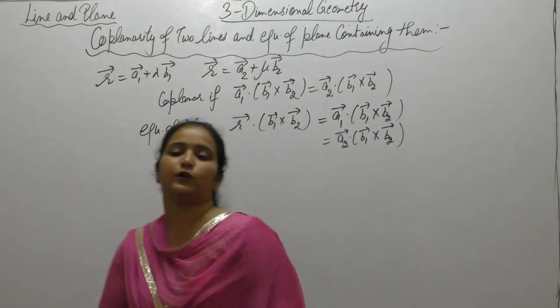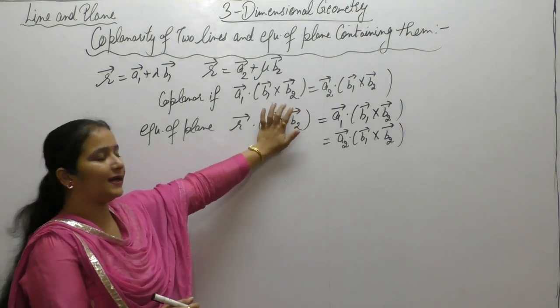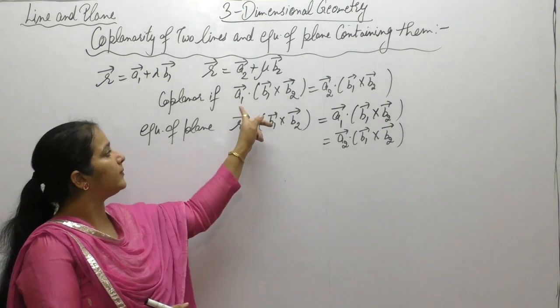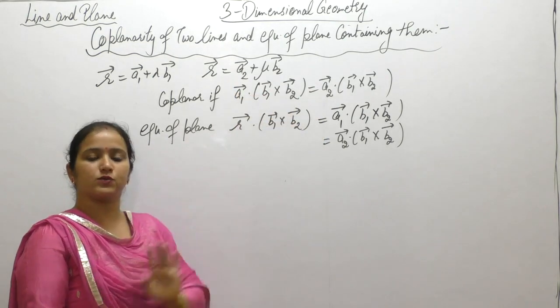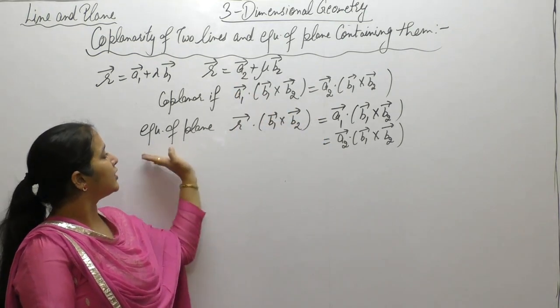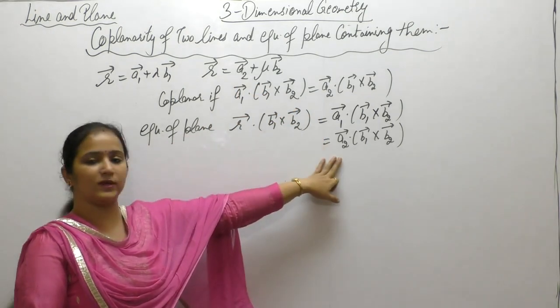Clear? If you have to show two lines are coplanar and they are given in vector form, then this condition will be satisfied, and the equation of the plane containing these lines will be this.